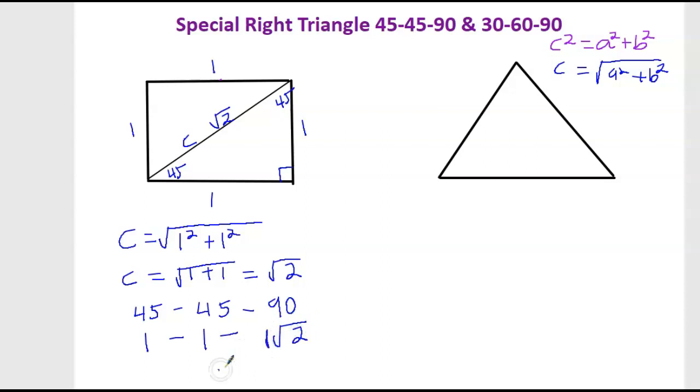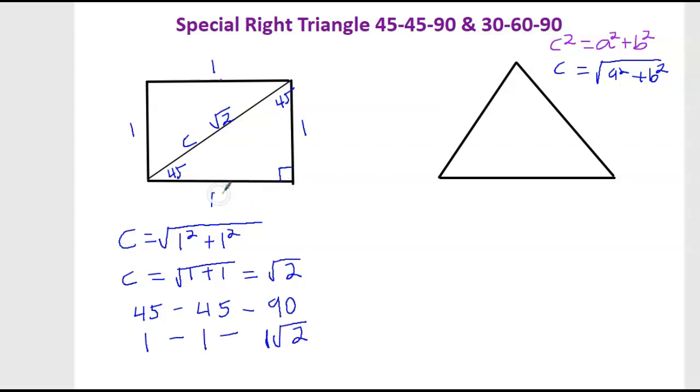That means anytime we know this, we just multiply this number times the square root of 2 to get the hypotenuse. And that is what is happening. As we get to the examples, I will use them to see how best we can move from one direction. Now let's look at the 30-60-90.